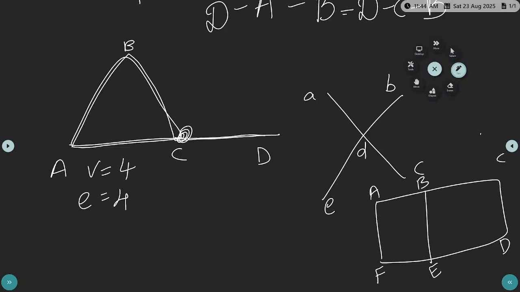Is the edge repeated? For example, I start from here, D to C, C to A to C. Is it repeated path? No. For example, take it from here, B to A to C, right? Next B to C to B, again what you are doing? B to A.